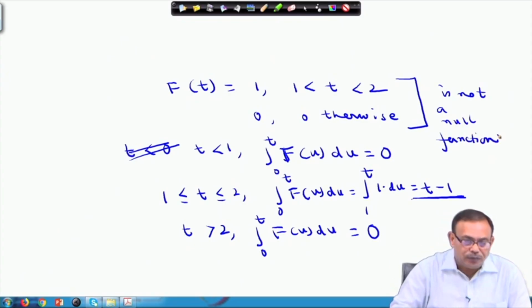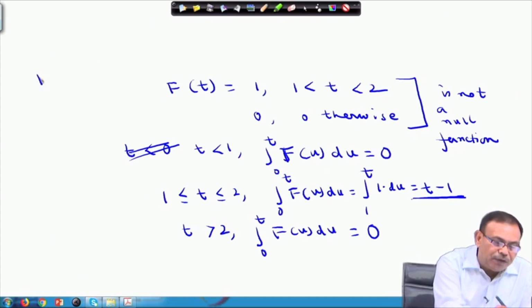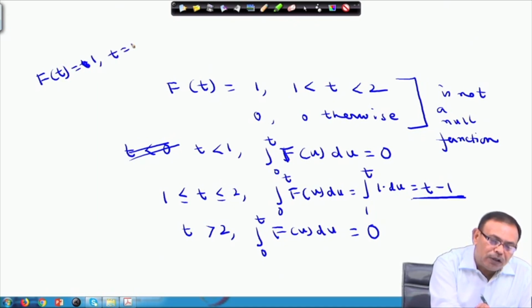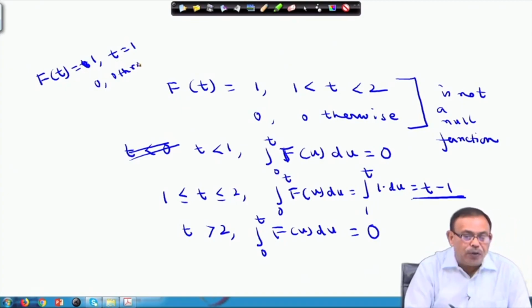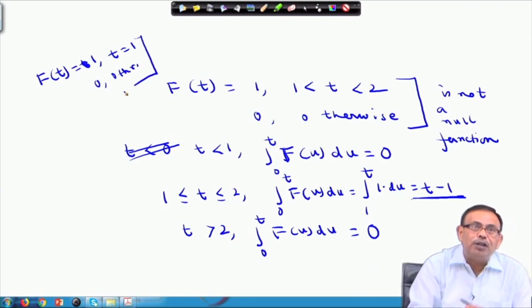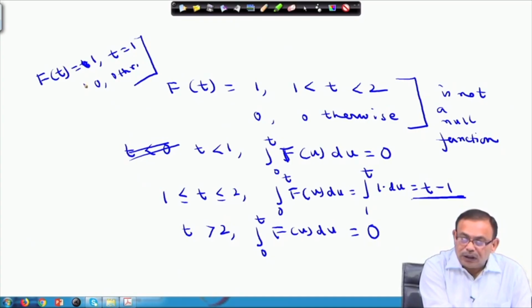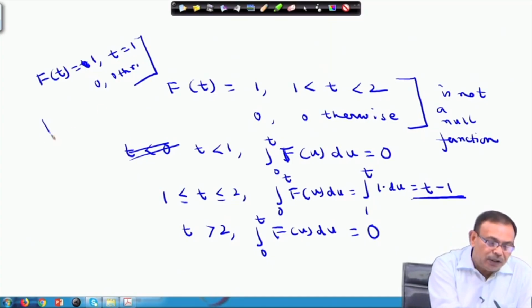Please note this one. Whereas, the function which I defined earlier, f(t) equals 1 at t equals 1 and 0 otherwise, this one is a null function, because if you calculate the integral from 0 to t of f(t) dt, in this case the value will be equal to 0.